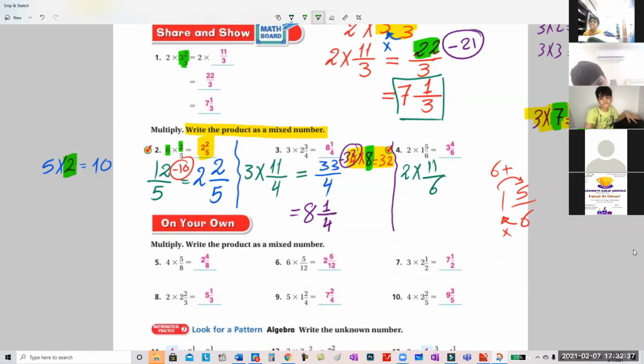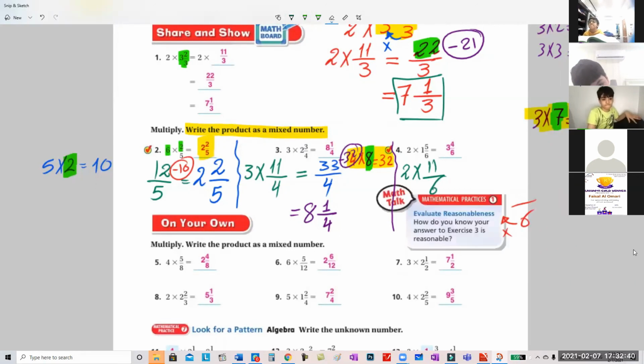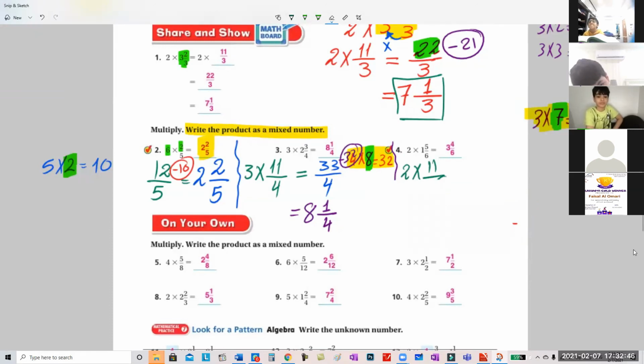Then we check the multiplication table of 6 to find 11, so it will be 22 over 6.